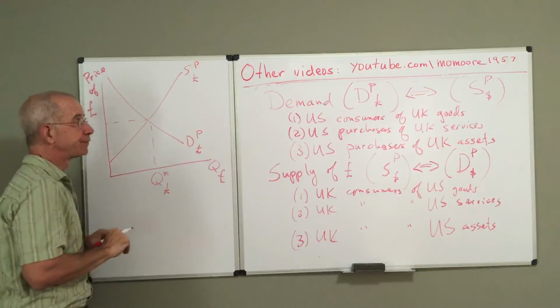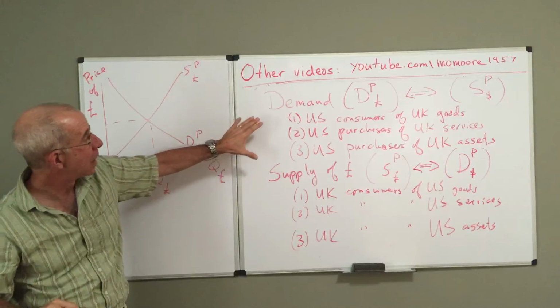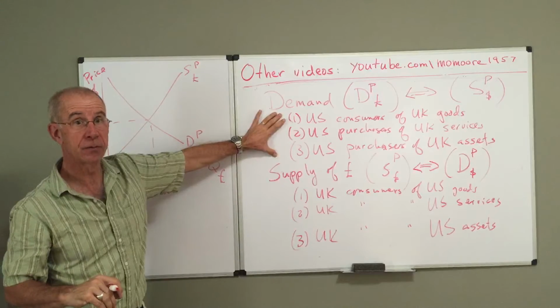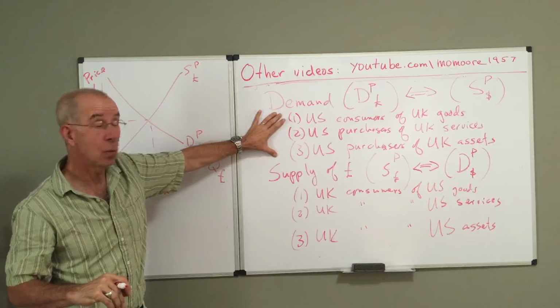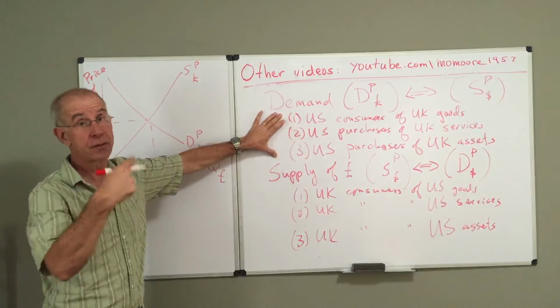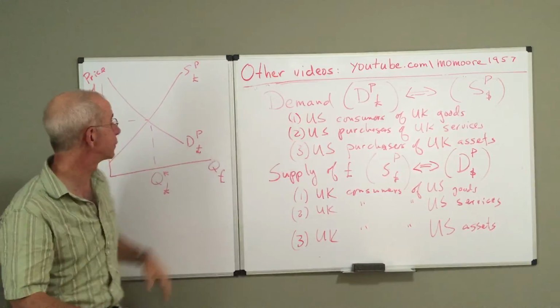We've got a price. Let's imagine that there is some increase in the demand for pounds by US citizens in order to buy UK goods, services, or assets. An increase in the demand for pounds.